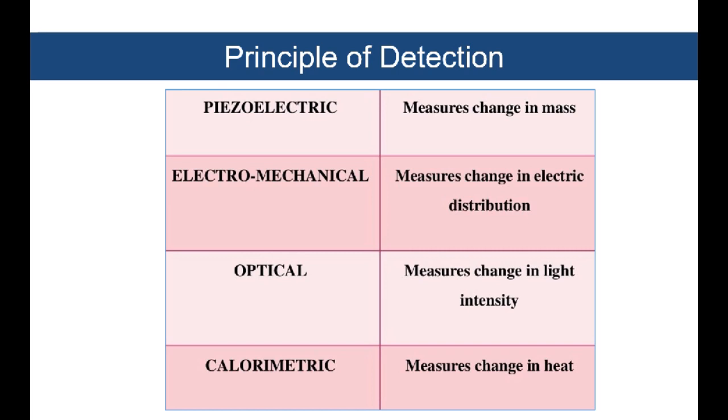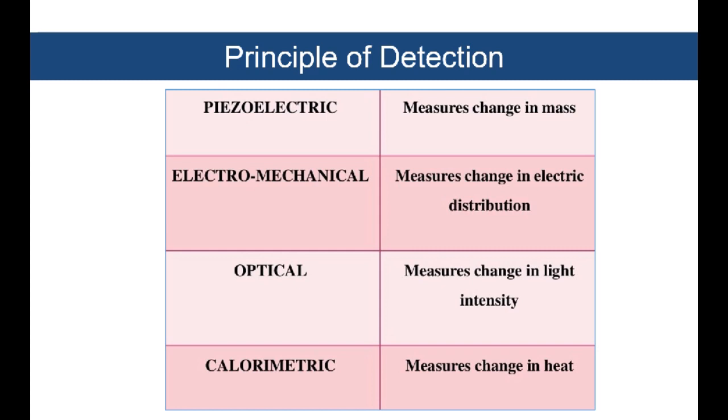Similarly, when we want to detect the change in light intensity, we will use the optical transducer, and that optical transducer will be used for the detection of the change in light.